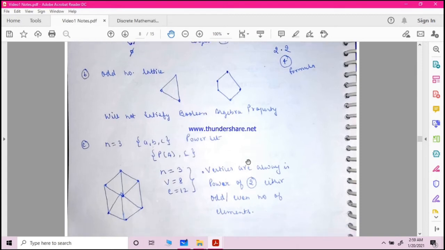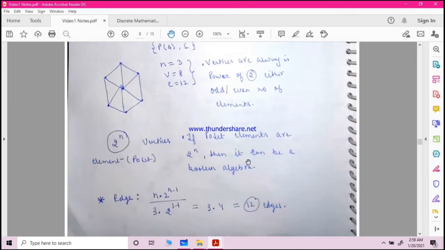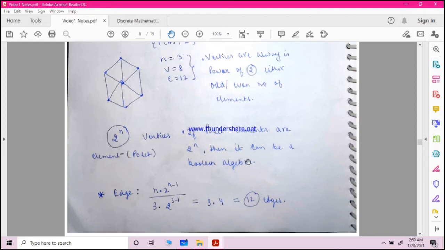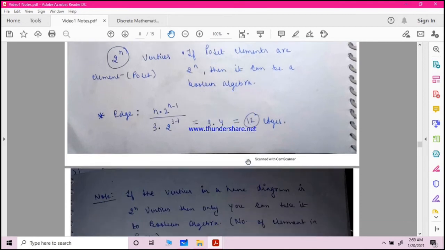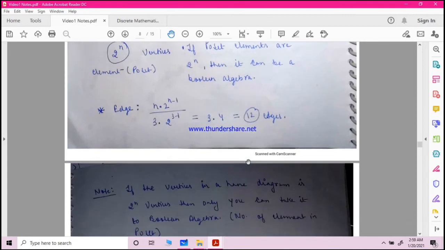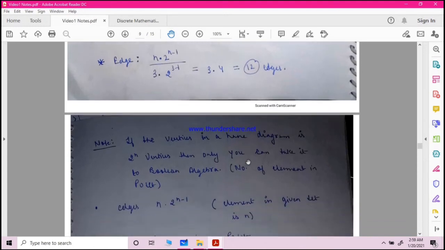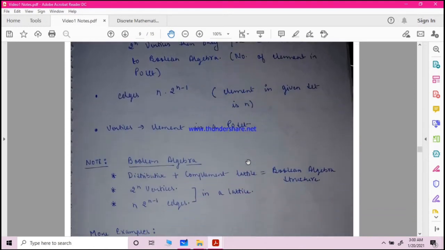So how do we calculate the number of edges? It is simply calculated as n into 2 to the power n minus 1, so 3 into 2 to the power 3 minus 1. If the vertices in a Hasse diagram are 2 to the power n, then only you can take it as a Boolean algebra. This is how you calculate the vertices and this is how you calculate the edges.